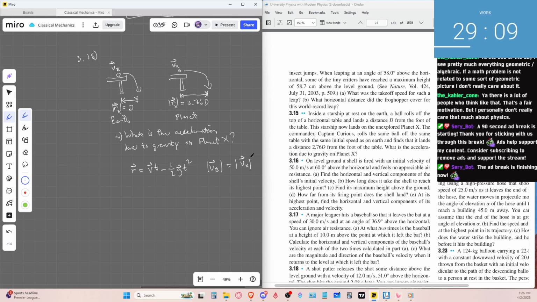So the real thing is that we have to figure out what gravity is. We already know Earth's gravity. So g on planet Earth is 9.8 meters per second squared.